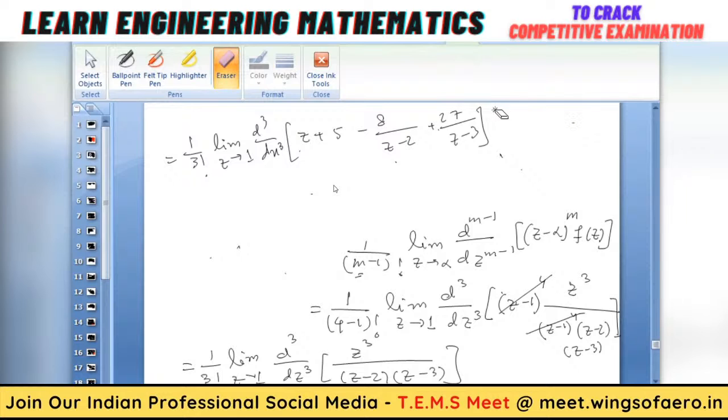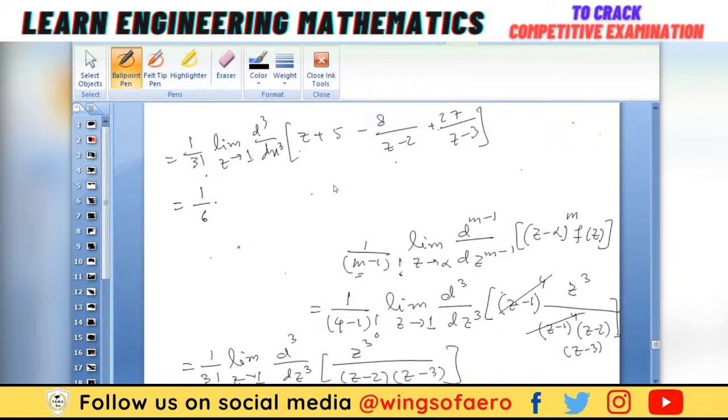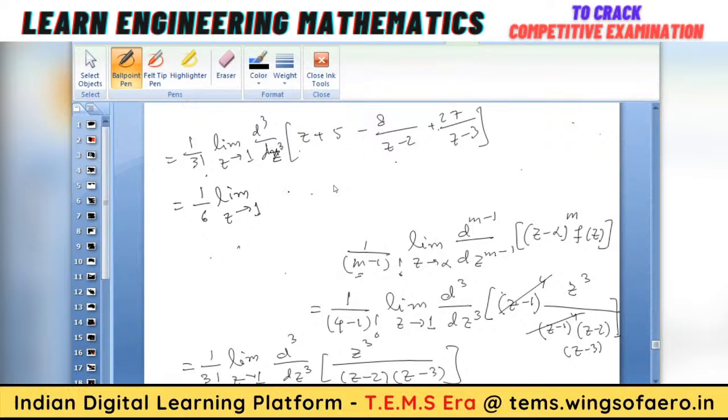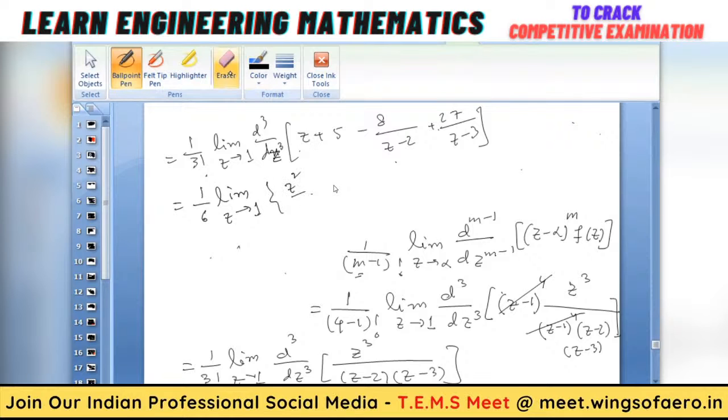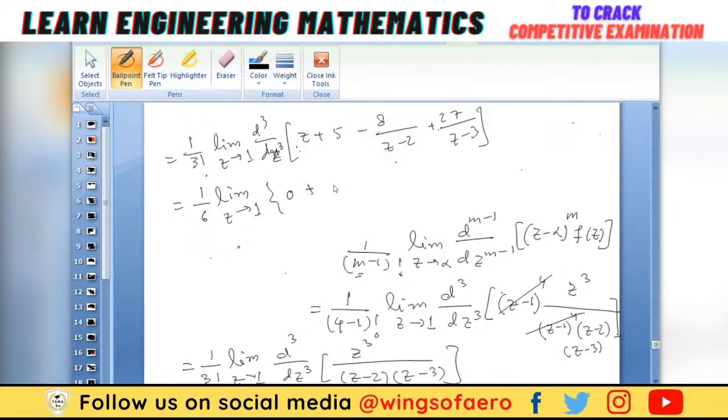Now you can take the derivative. After taking the derivative, it becomes 1 by 6, limit z tends to 1. Here the derivative of z gives 1, and it becomes 0 after the next derivative, plus 3 times the derivative of the next term.